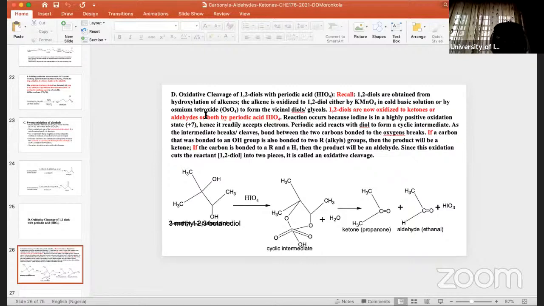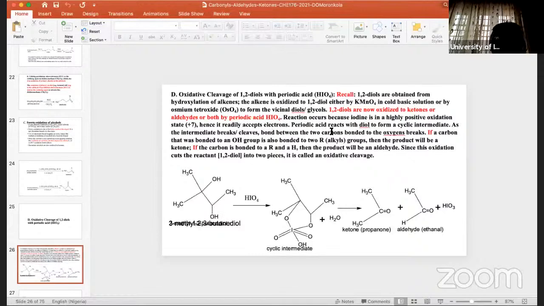You can also make use of osmium tetroxide, OsO4, to form the vicinal diols, the glycols or diols we're talking about. The 1,2-diols, which are now formed, can be oxidized to ketone or aldehyde by utilizing that periodic acid, depending on the structure of your diol.